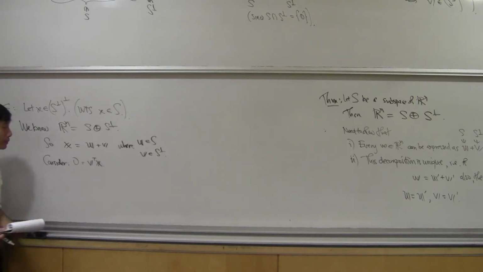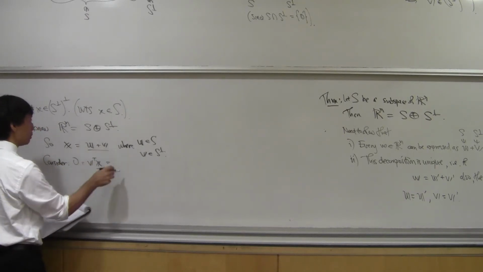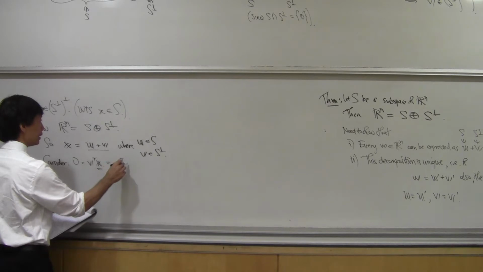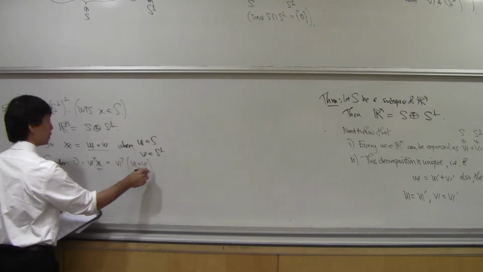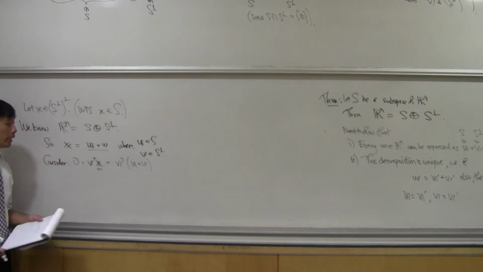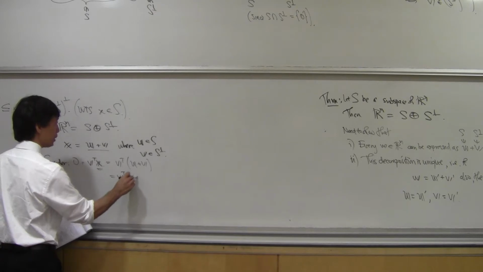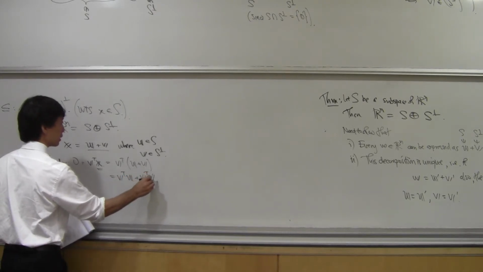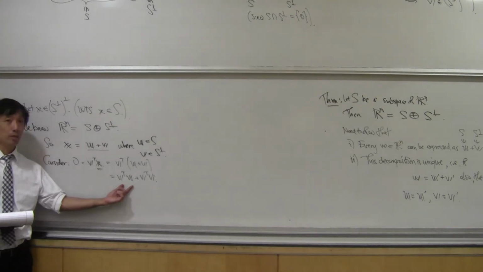Okay, but I'm going to replace this X with U plus V. You get V transpose times U plus V equals 0. But this is V transpose U plus V transpose V. What's V transpose U, the dot product of V against U?